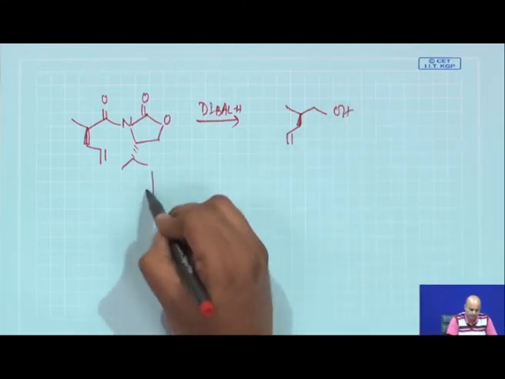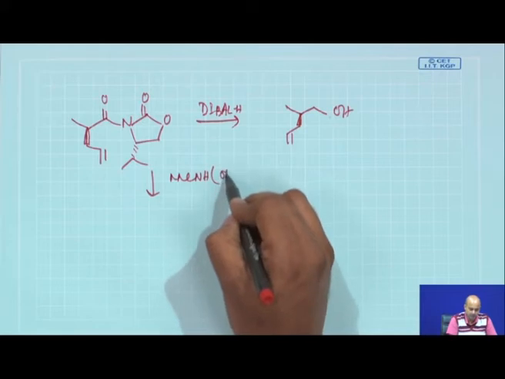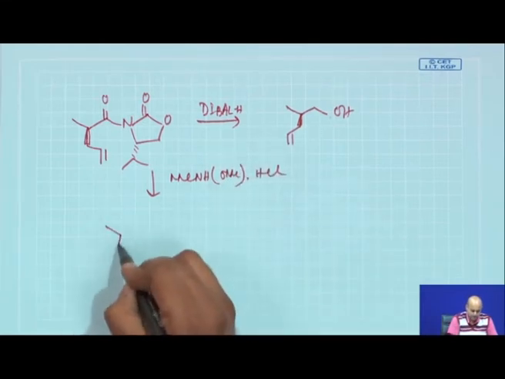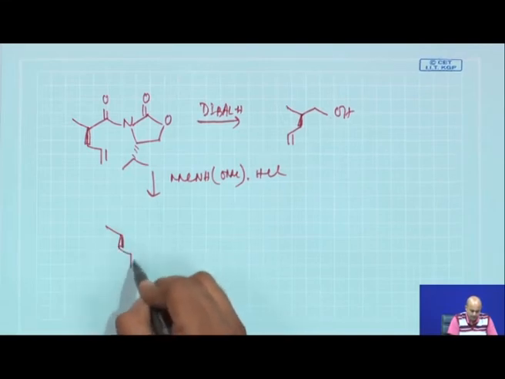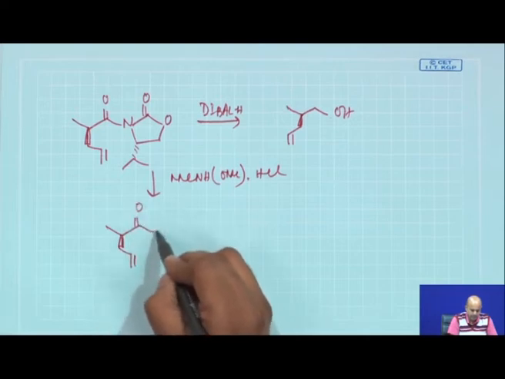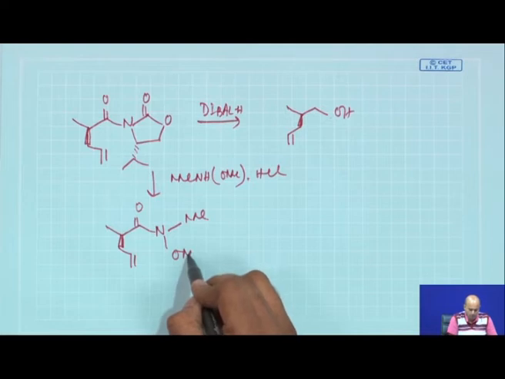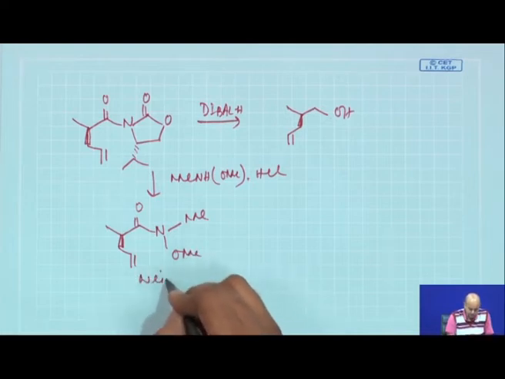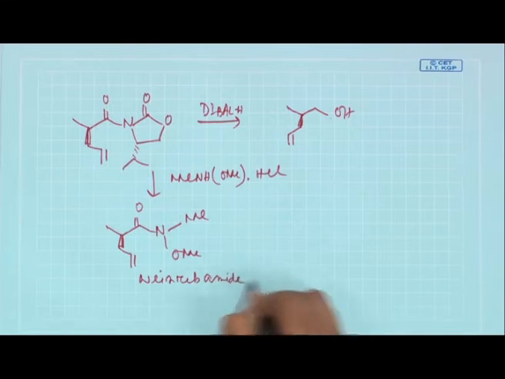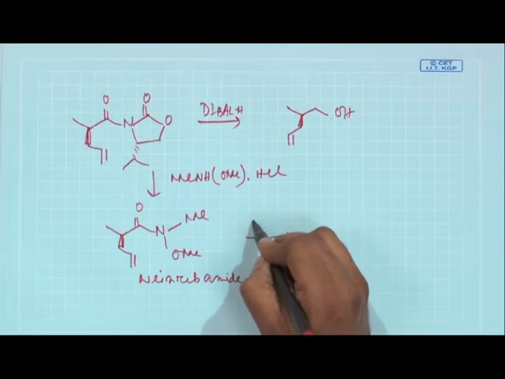Now, I said you can cleave it with the Weinreb amine like MeNHOMe, HCl salt, and this will undergo a transamidation kind of reaction, and it will give you N-Me, what is this? Your Weinreb amide.